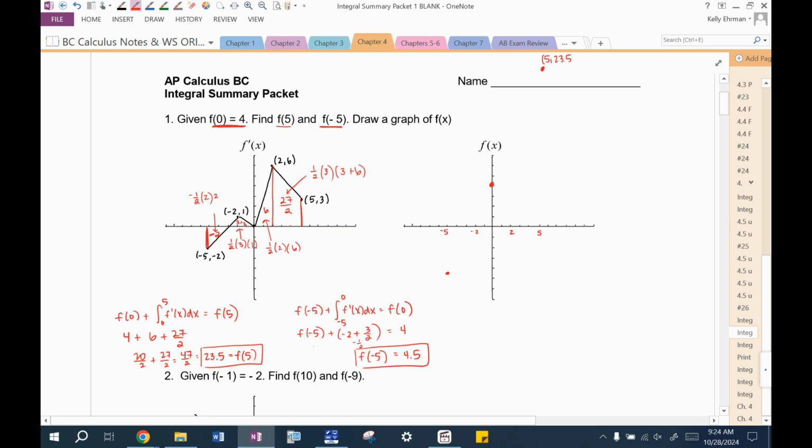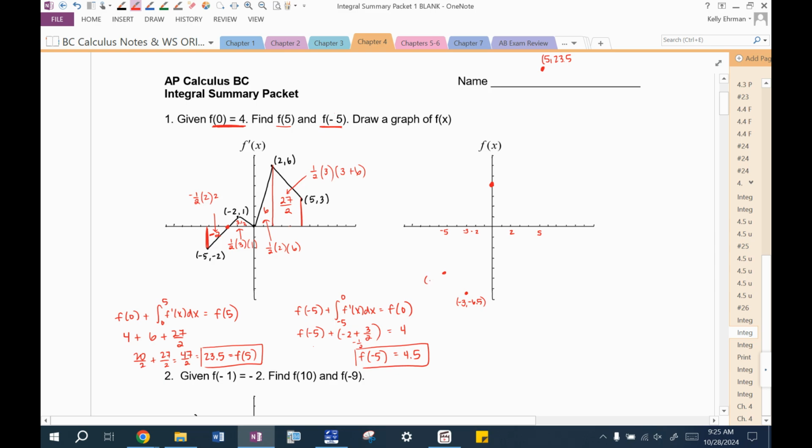Okay, how about this? From negative 5 to negative 3, the graph goes down 2 units. So from negative 4.5, I can go down 2 units. So at negative 3, I should be at negative 6.5.